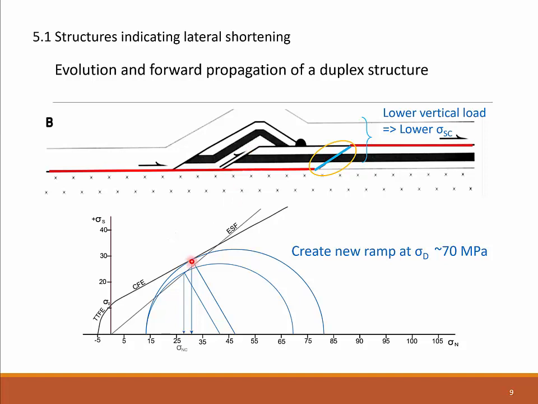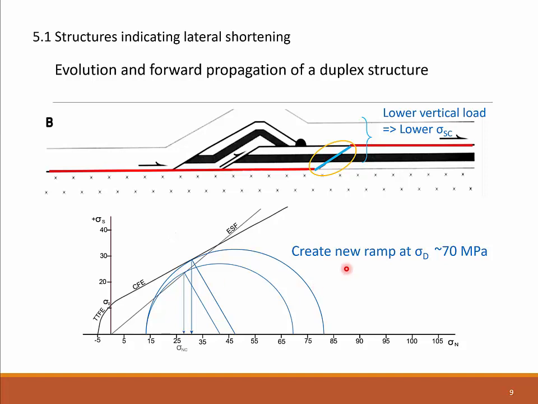Once this ramp has formed, the differential stress would drop to a value that is sufficient to intersect the envelope of sliding friction. And in this example, we simply maintain the confining stress of 13 megapascals. Then we drop down to the Mohr circle that we have seen initially 2 slides further up.